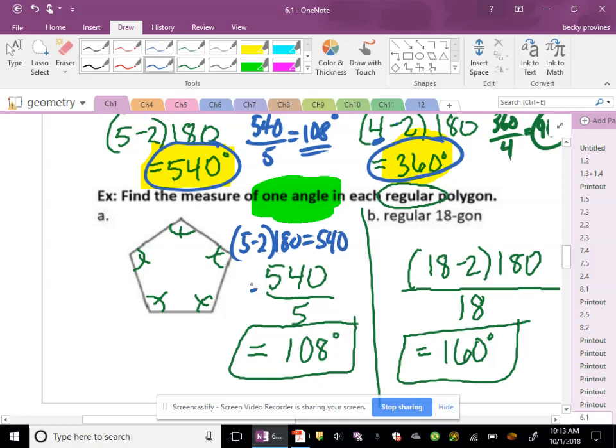And then I take the 540 and divide it by 5 to get 108. On letter B, I take the total 18, I subtract 2, times it by 180, and then I'm going to divide by 18 since I have 18 sides. So these are the degrees of the one angle.